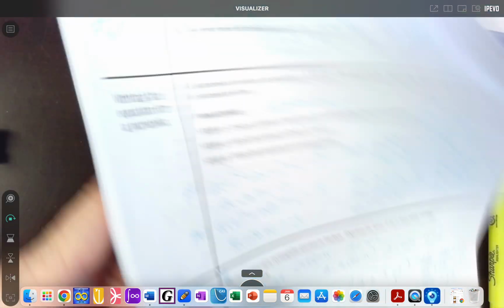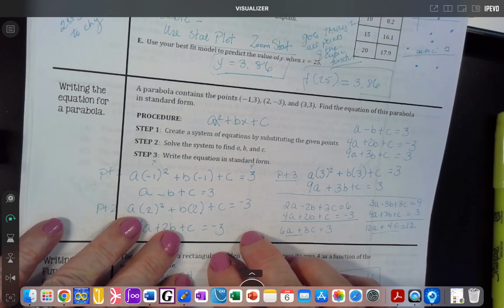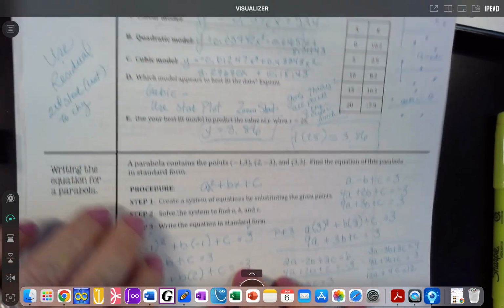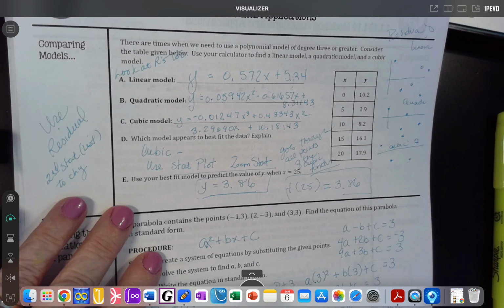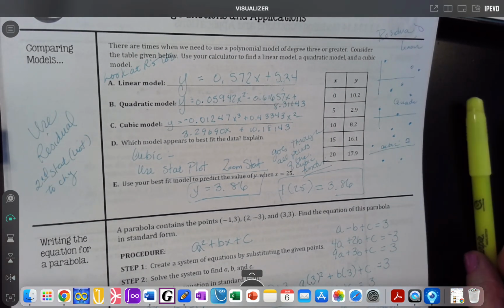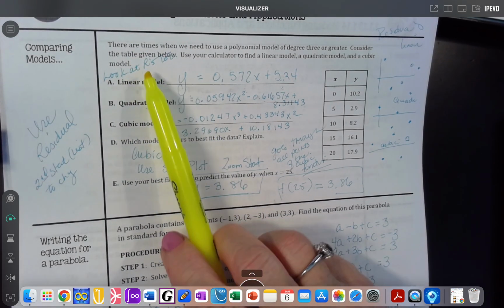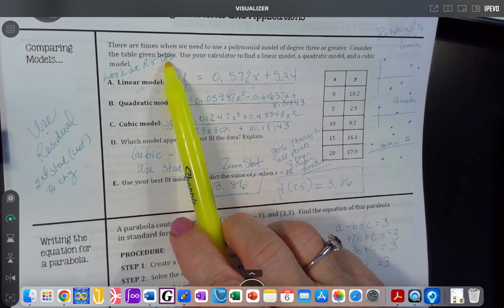All right, let's look at comparing models, this next problem. Now, I think I've worked enough with you on the calculator, so let's just talk about this, and you can put this data in yourself.